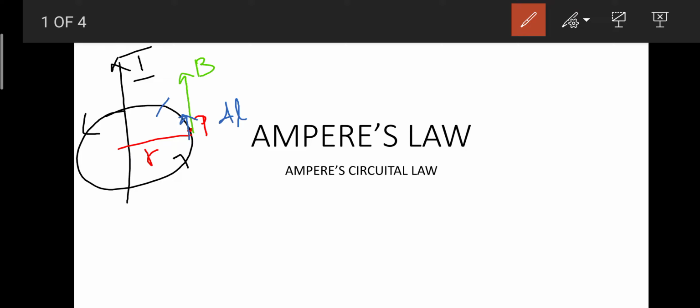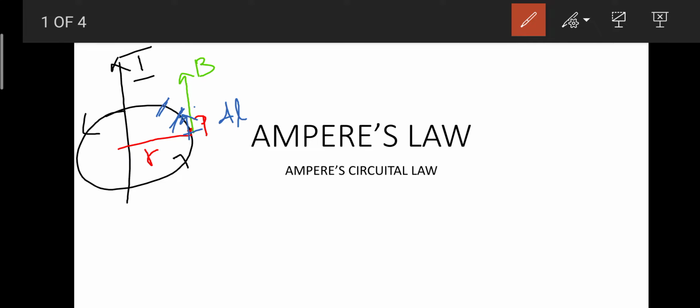If there is another path for that length element, there would again be a B, which is uniform. Suppose the value of B is 10, and the length element is 1 meter. Consider that there are 100 elements that we have drawn. For this length element, B into dl, B is 10 and dl is 1, so the product of B and dl would become 10.